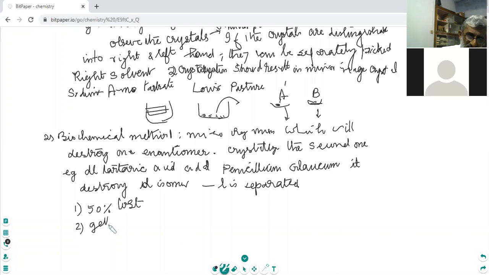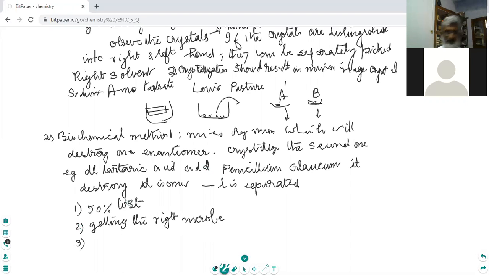And the third disadvantage is that there are certain enantiomers which are poisons to microorganisms, and the microorganisms should not get destroyed.